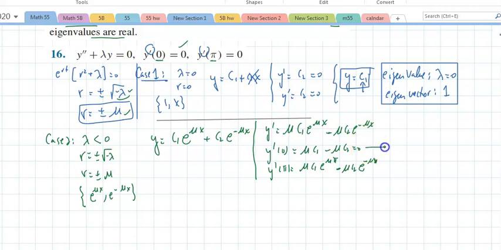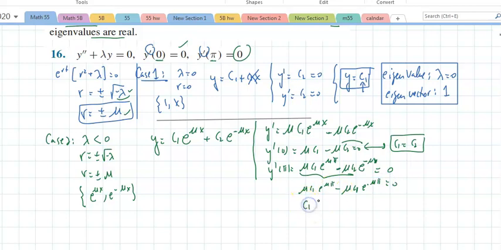You could say the top equation says c sub 1 equals c sub 2, right? If you move this to the other side, divide by mu, which indicates in the second equation that, oh, and this equals 0, by the way, it's right there. This indicates that mu c sub 1 e to the mu pi minus mu c sub 1 e to the negative mu pi equal to 0.